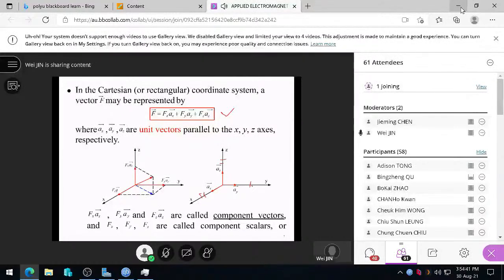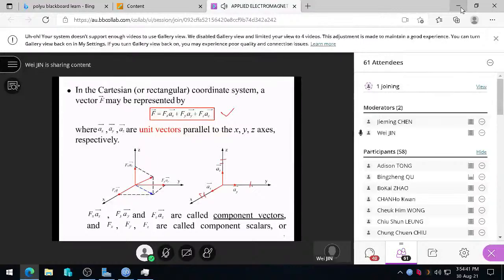Now, this vector dot product follows the distributive law of the normal multiplication you have learned previously. If P dot a summation of a number of vectors equals P dot each of the vectors, then summed together. So this is called the distribution law.